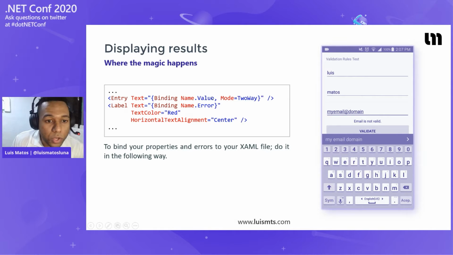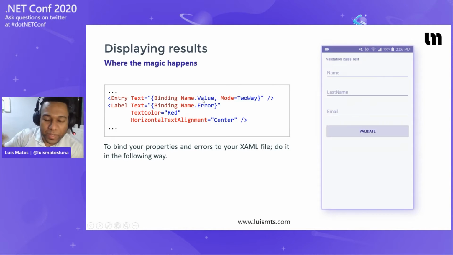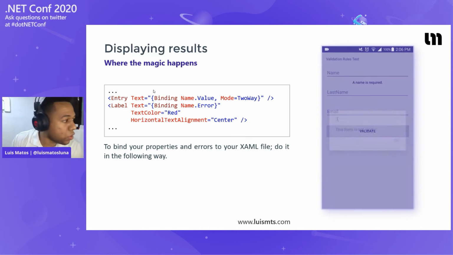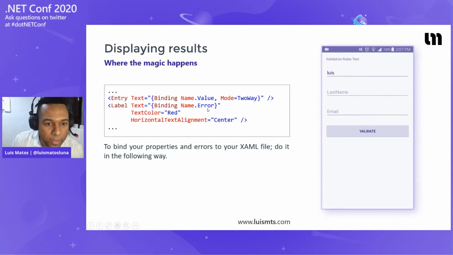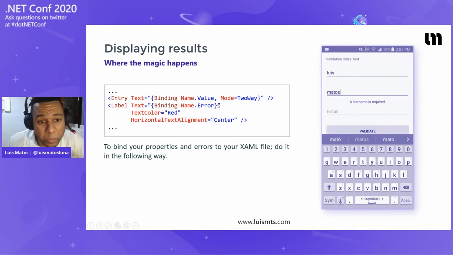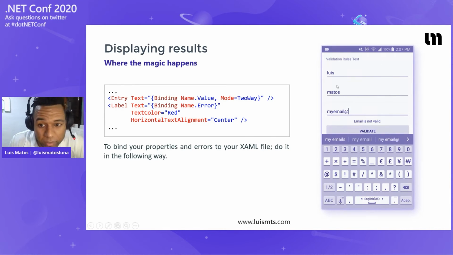First you have your value, that is the input that the user is going to use, and then you have the error. You also have the IsValid property that you can use, for example, in a trigger, if I want to show the error when the property is not valid.